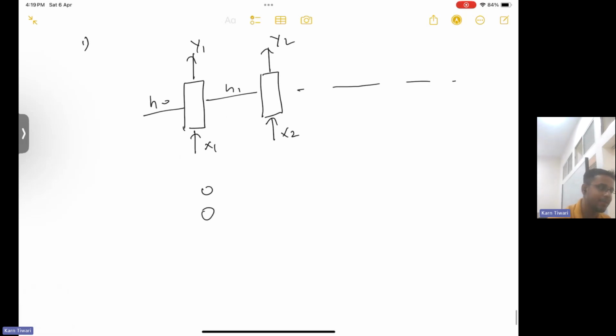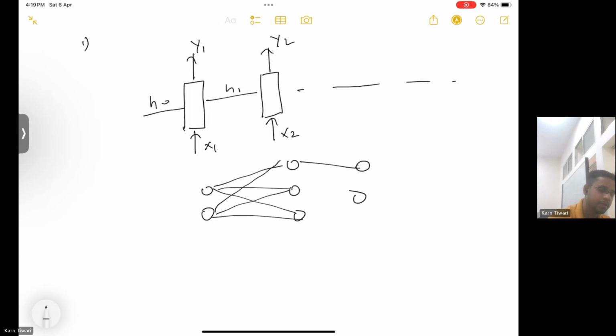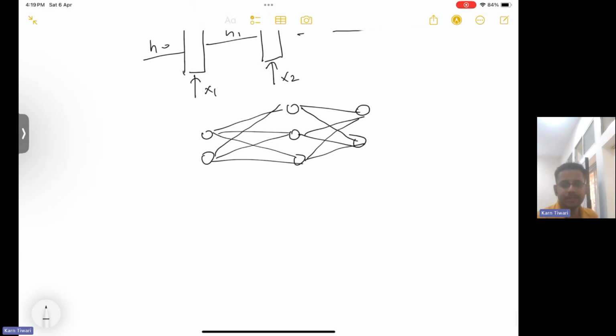It's a feed-forward network in the end, but with a control. So this is the architecture we have. So you can think of it as a two-input, two-output thing.